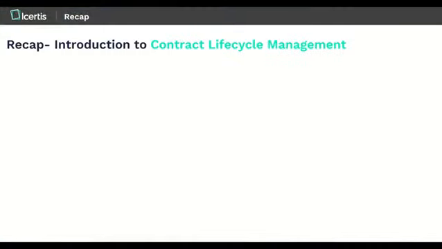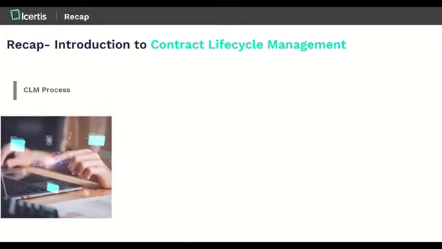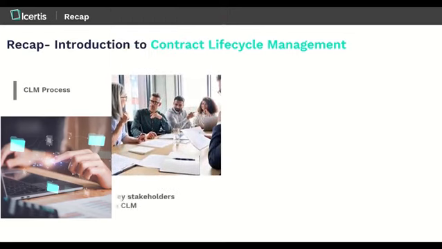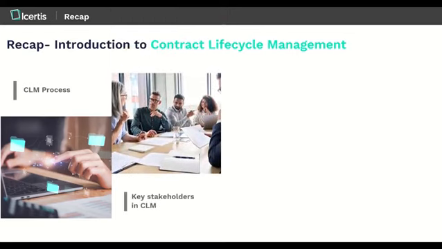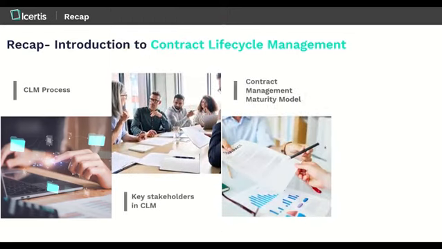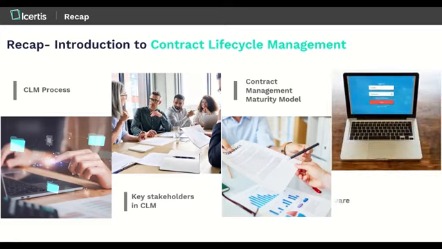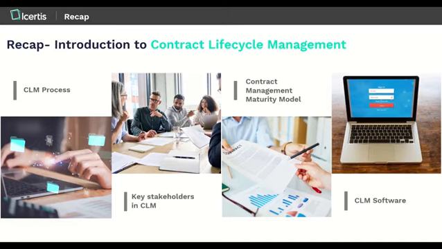Before exploring the captivating realm of buy-side contracting, let's briefly recap what we covered in the previous module on contract lifecycle management. We started with an overview of the CLM process. We identified key stakeholders, delved into the significance of the contract maturity model, and explored the benefits that come with adopting CLM in organizations.